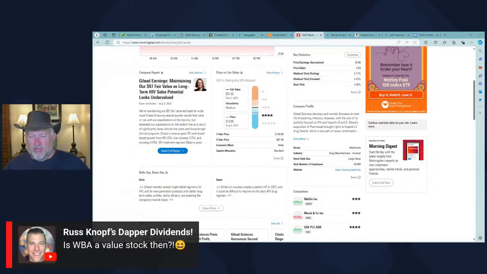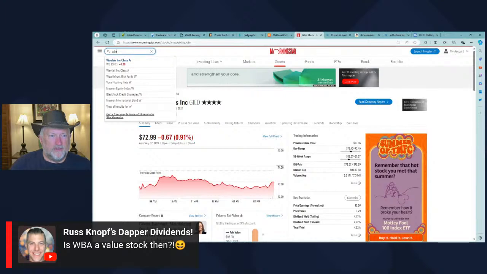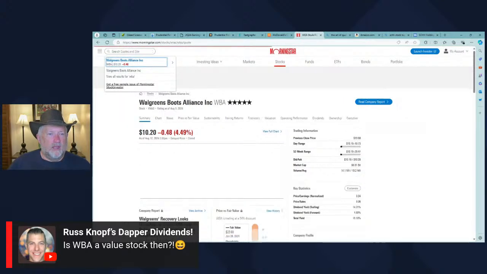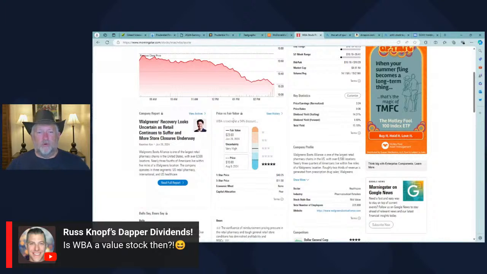Is WBA a value stock then? I would say yes, it is. Let me just do a real quick. That's Walgreens Boots Alliance. So yeah, it's trading at a 54% discount. So yes, it is a value stock. But it doesn't mean it's a value stock that I'm interested in. That's part of the process that I go through.